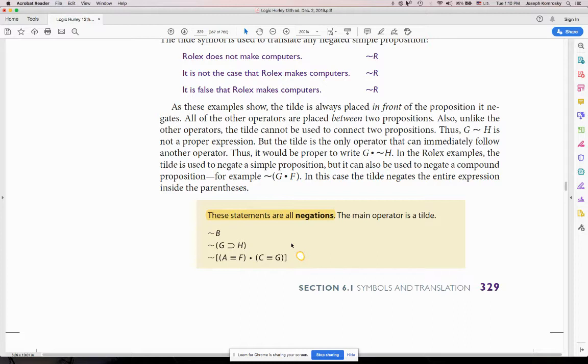Think mathematics. Remember in algebra, we would solve everything in the parentheses first, then everything in the brackets, then go outside the brackets. That's kind of like an order of operations. So later in the chapters, if we were to solve this, we would do everything inside the parentheses first, and then whatever our answer is, we negate it.